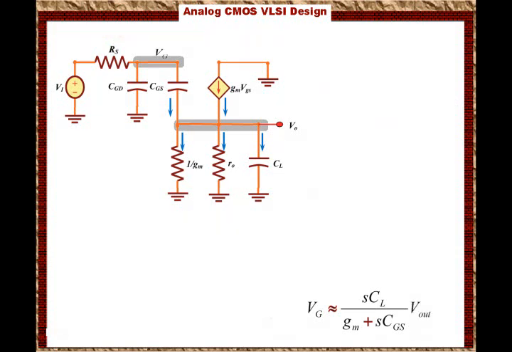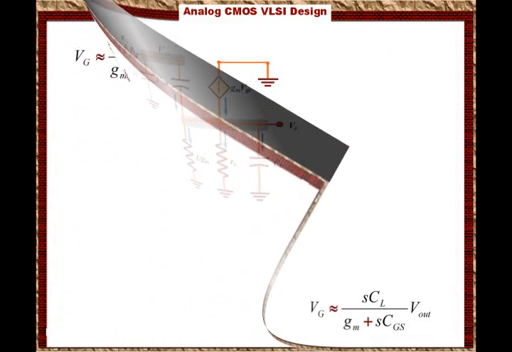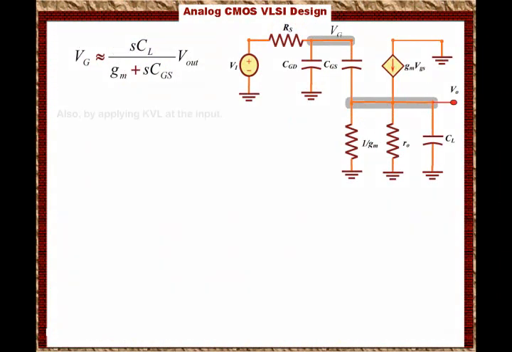So we simplified the equation. Now I will sum the voltages at the input. By applying KVL at the input, we get the following. VI, which is the input, equals RS times the current flowing through it. The current flowing through this resistor, RS, is basically the current flowing through CGD and the current flowing through CGS.